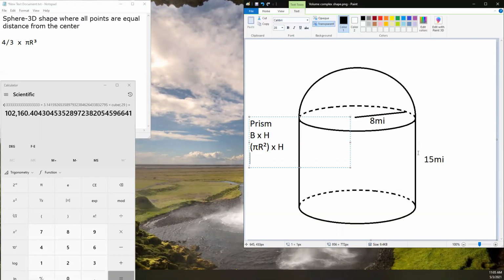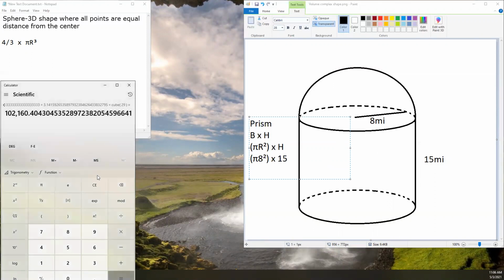So we got our radius and we got our height. Our radius is 8 squared times our height, which is 15. So we're going to plug that into our calculator over here, figure it all out. We got pi times 8 squared times 15.